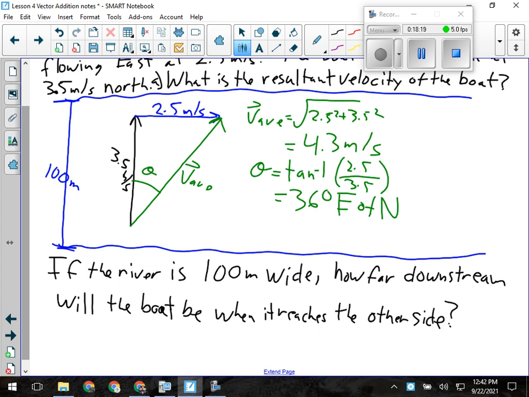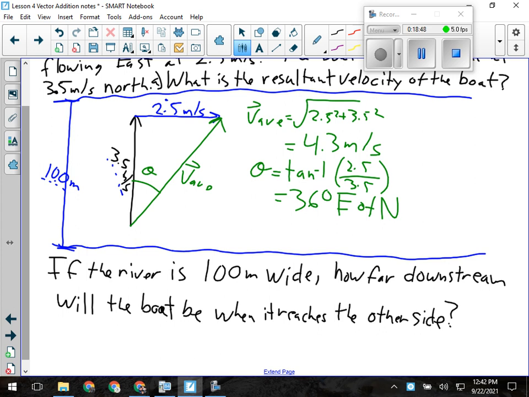So if I have the speed and the time, can I calculate the distance down the river? I can. So this is what I have to do. I have to use the distance and the velocity across the river to get the time it takes me to get across. Then I can use that time with my downstream speed to get how far downstream I will be when I get across.